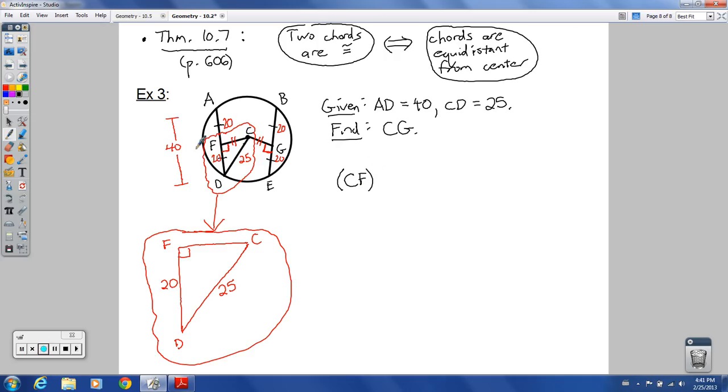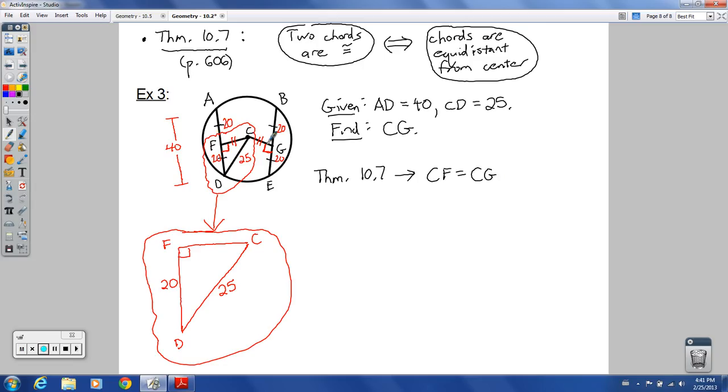So I wanted to say one thing before I get into this too far. Why could I say that it was perpendicular again? Theorem 10.7, which we just talked about up there, is showing us that because the chords were congruent here and here, we have CF equal to CG.